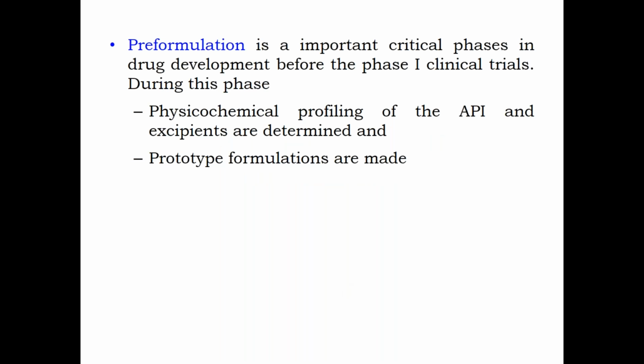We started with one of the topics of your first chapter, that is drug excipient interaction. That is an important step we need to carry out in the pre-formulation studies. We are not discussing pre-formulation here, but one of the procedures we follow in pre-formulation, that I was highlighting last class, is drug excipient interaction.